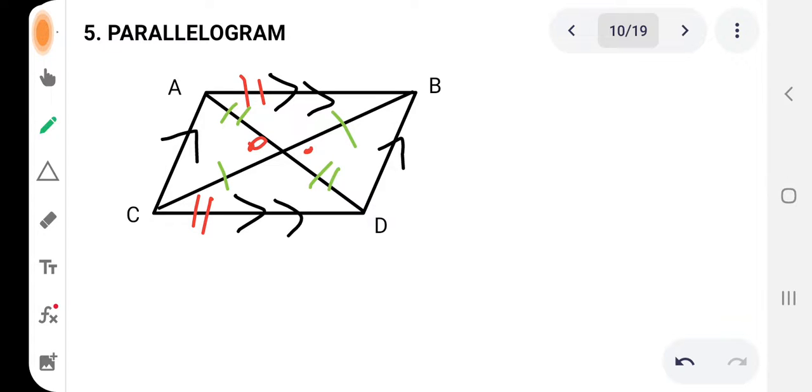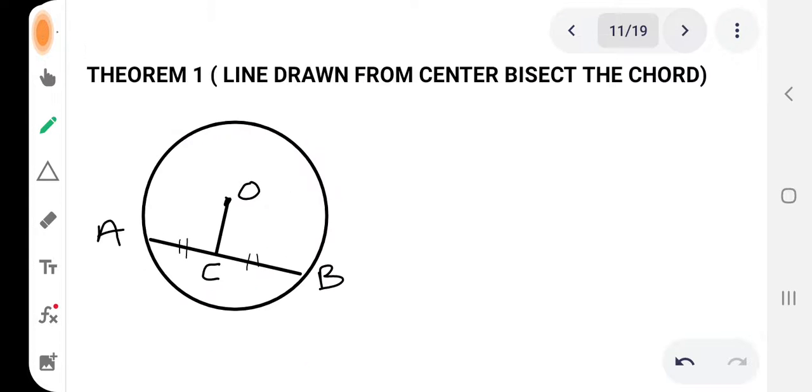Okay, so this is what you need to know in a parallelogram. We know that angle A is equal to angle D, and also angle C is equal to angle B in a parallelogram. So don't confuse yourself. Remember also this one are equal.